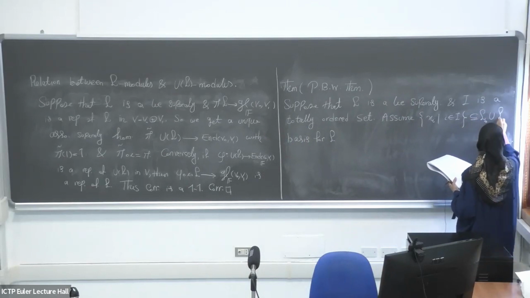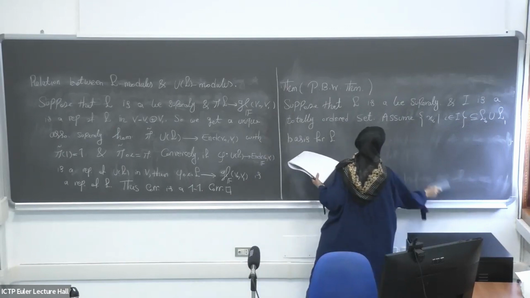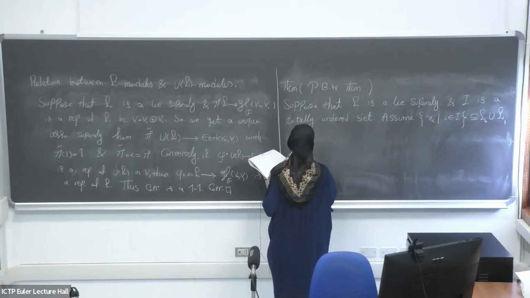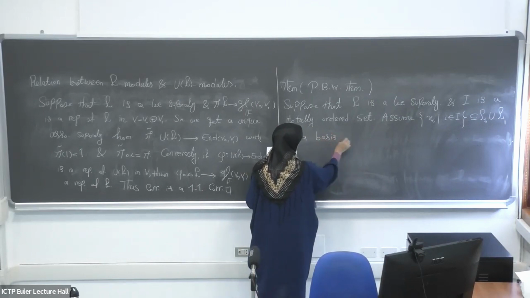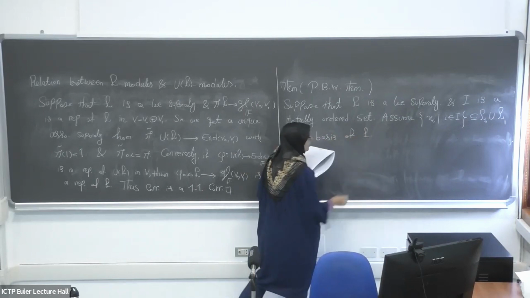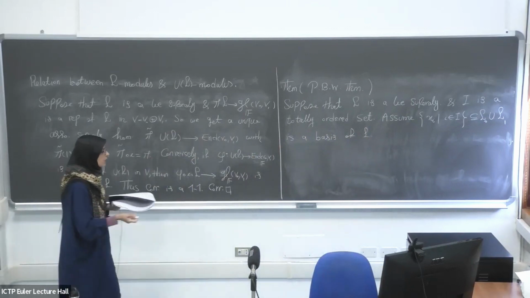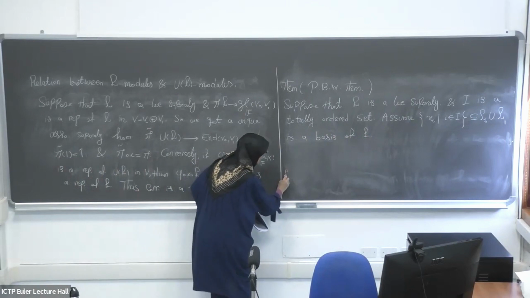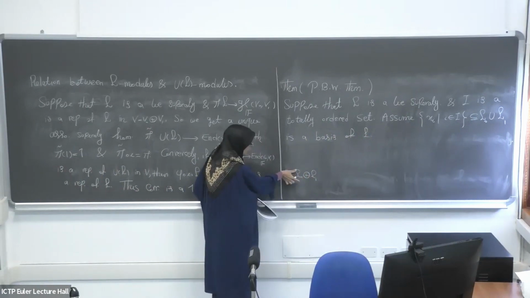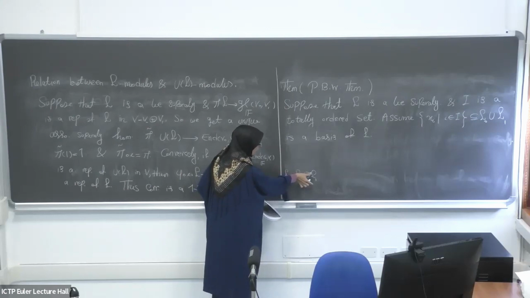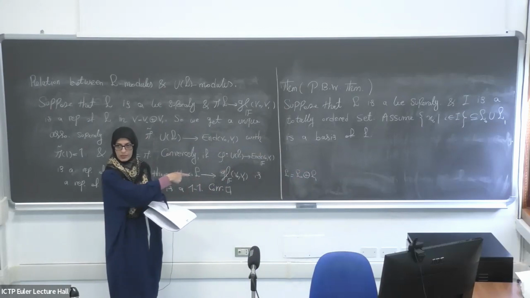So I assume this basis contains just homogeneous elements, and it is possible because L is the direct sum of L0 and L1, and if we get a basis for L0 and a basis for L1, the union is a basis for L because it is a direct sum.